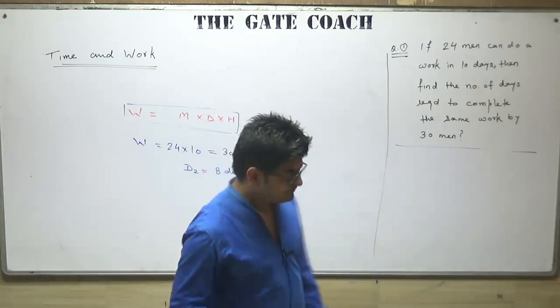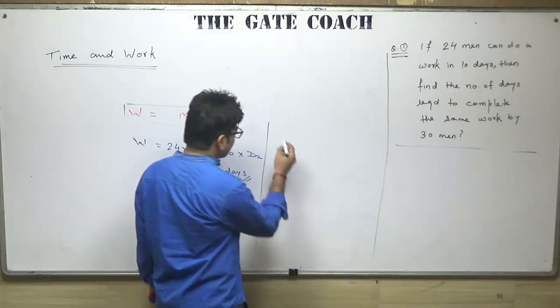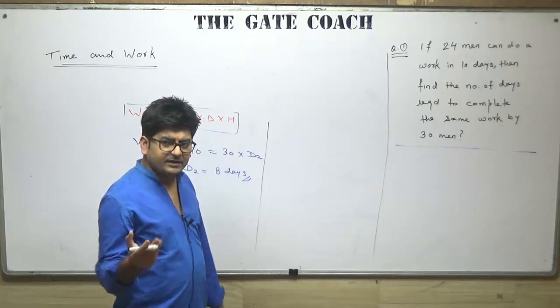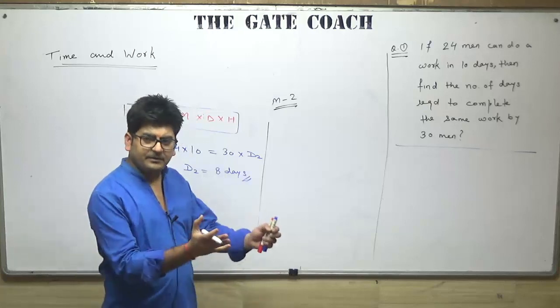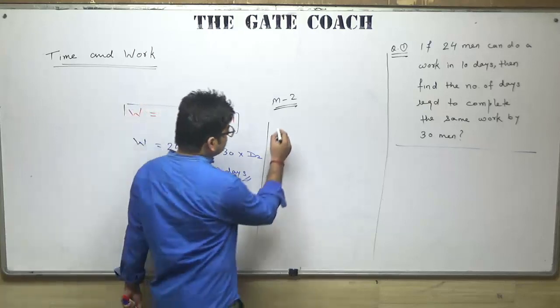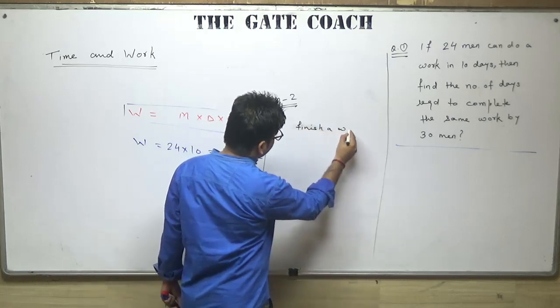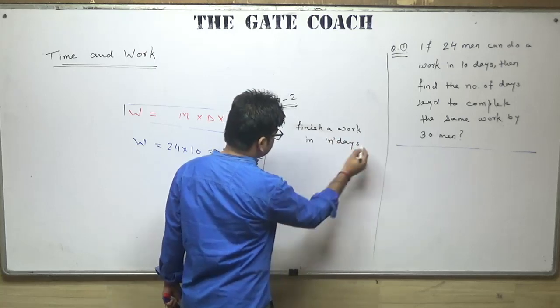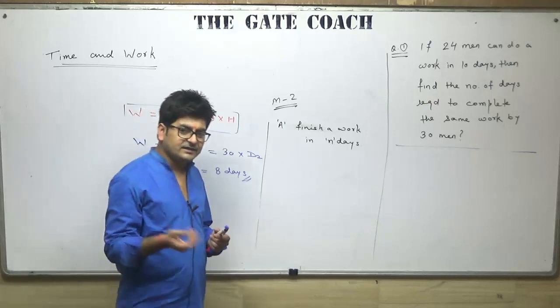The second method is which you must have seen in many books. Let's say we are talking about some person A, Mr. A, who finishes a work in n days.